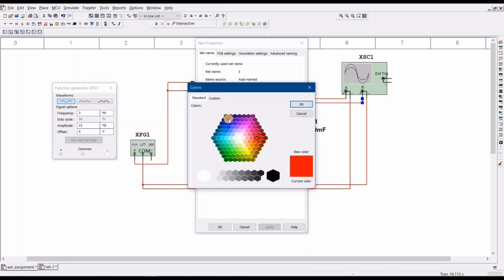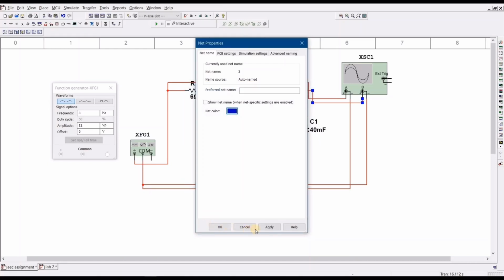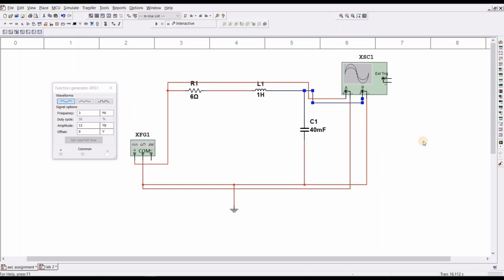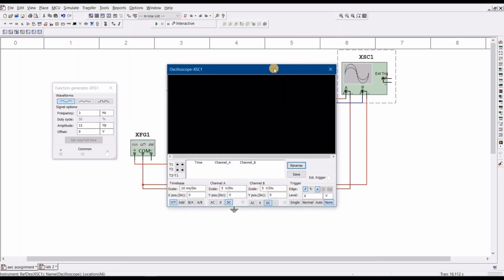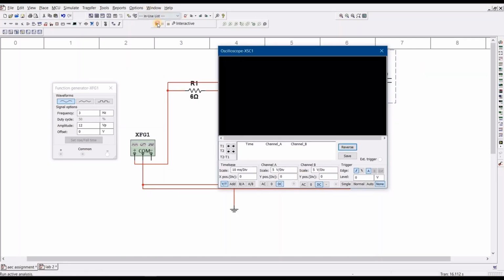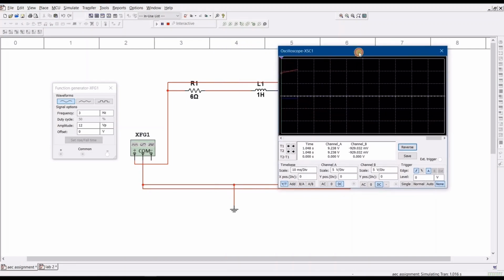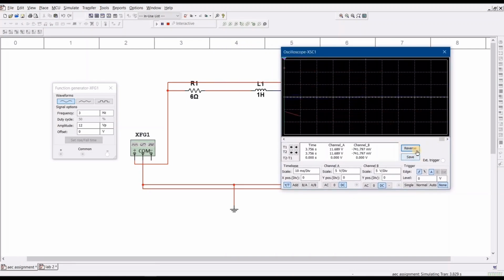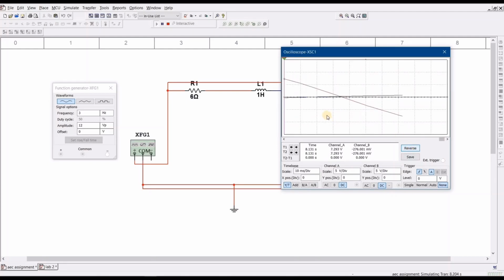So I change the color to blue, so it makes it easy to differentiate the waveform. Okay, we take the waveform and we generate the circuit. Okay, now we get the reading. So let's change the background of the graph to white, to make it easy to see.